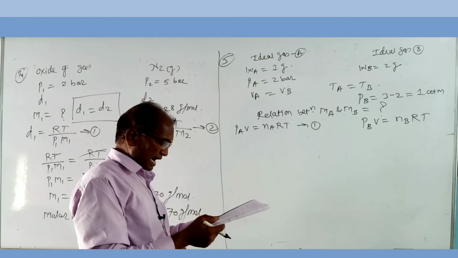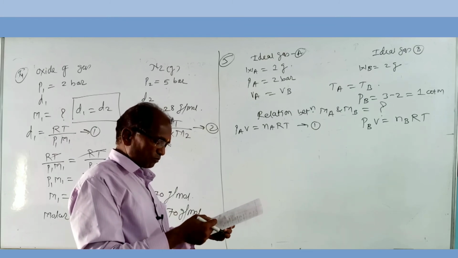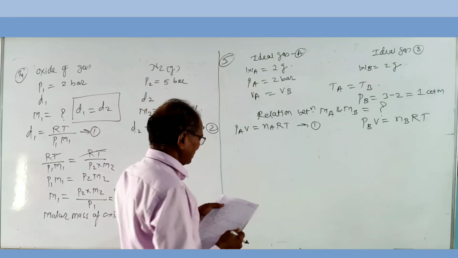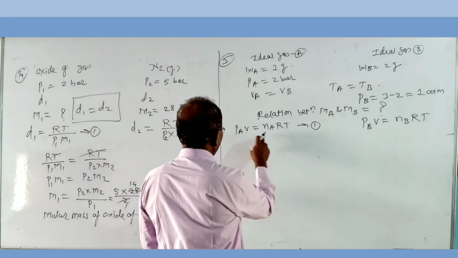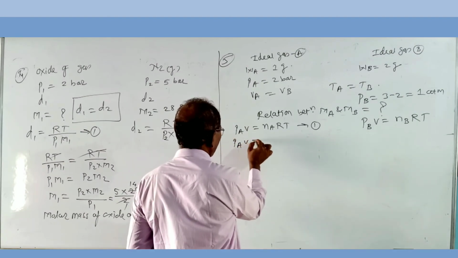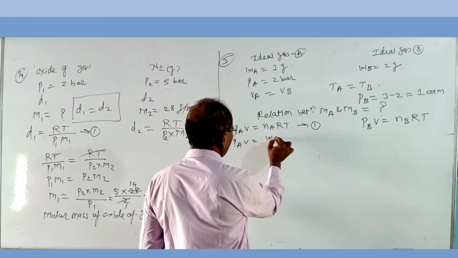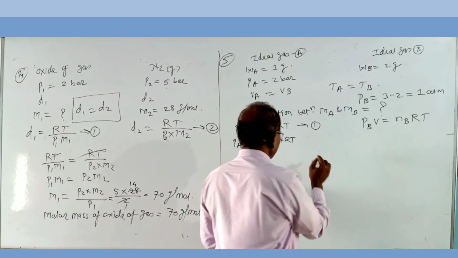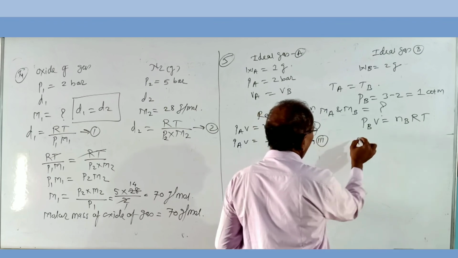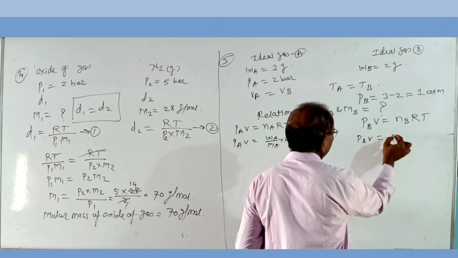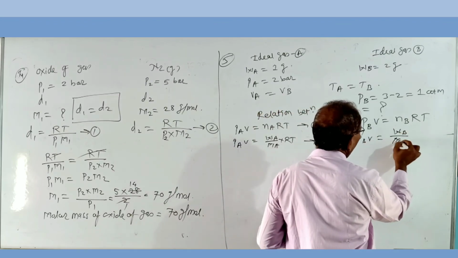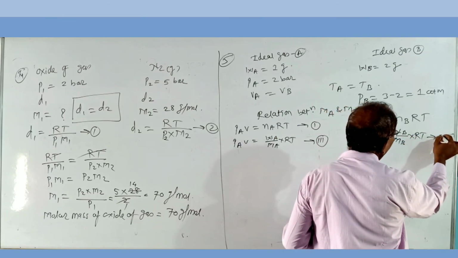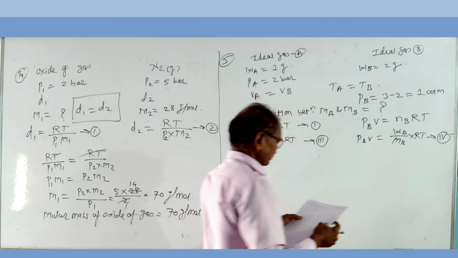PB and nB are pressure and number of moles of gas B. From equation first and from this equation we can write PAV is equal to WA upon MA into RT, equation third, and PBV is equal to WB upon MB into RT, equation four, right?